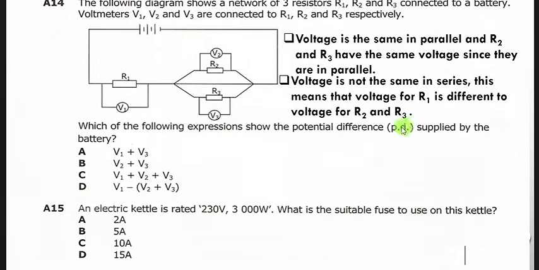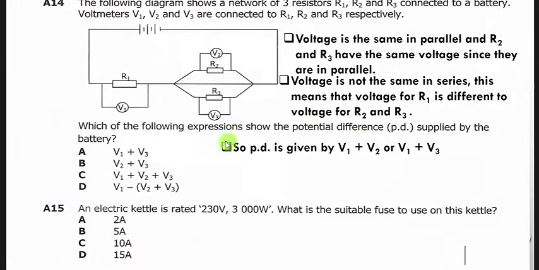So now if you want to know the voltage coming from here, the potential difference should be given by the voltage which is read by this one plus either this one, V2, because this one and this one are just the same, or V1 plus V3.